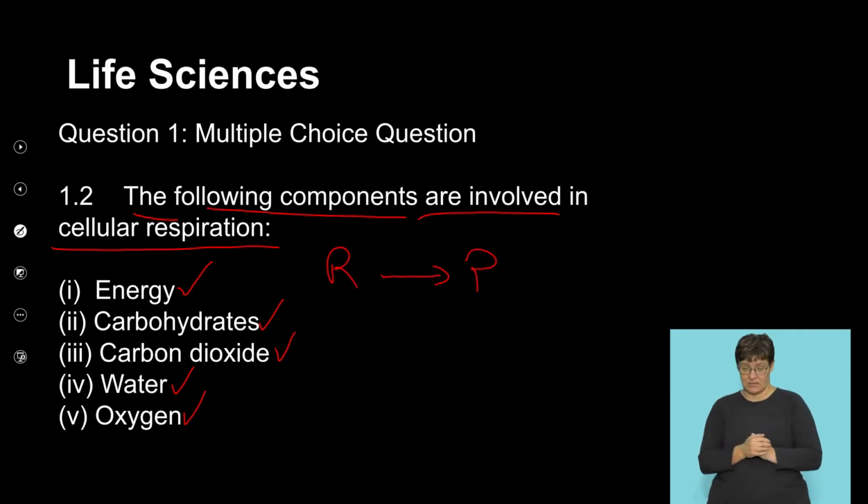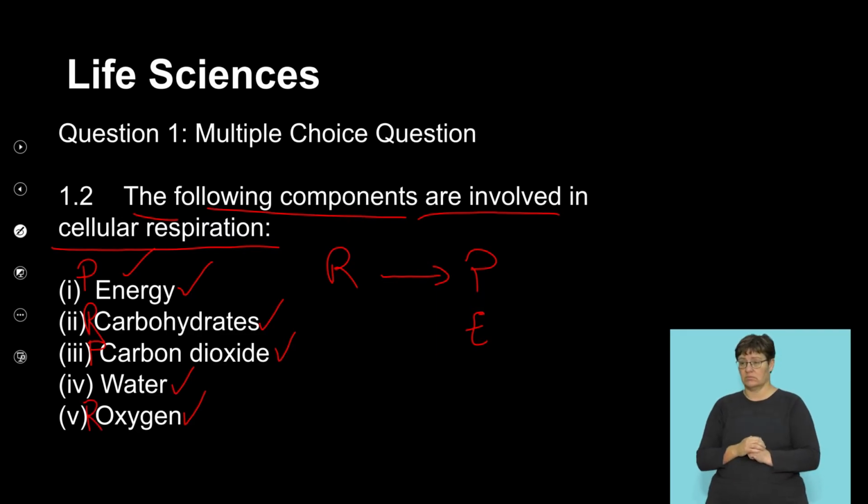And so guys, we know that one of the products of respiration is energy. So that's going to be a product. Carbohydrates are the reactants. So we know that those are the reactants. Carbon dioxide is a product. We know that oxygen is required, so that's a reactant.